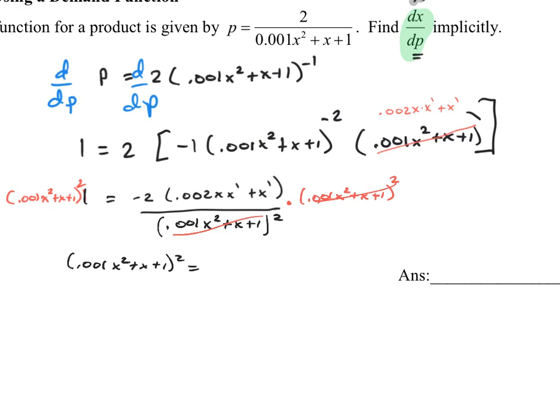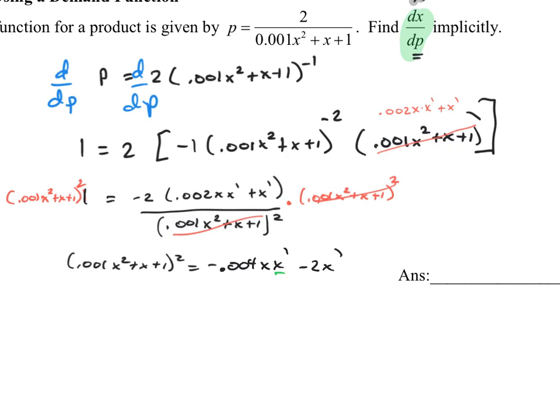On the right I would have a negative 2. Well, I'm going to go ahead and distribute that negative 2. So I'm going to do the negative 2 times this and the negative 2 times that. So I'd have negative 0.004x prime minus 2x prime.